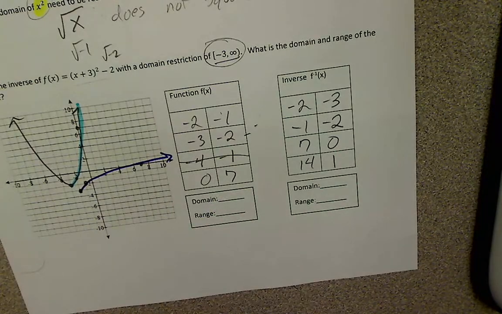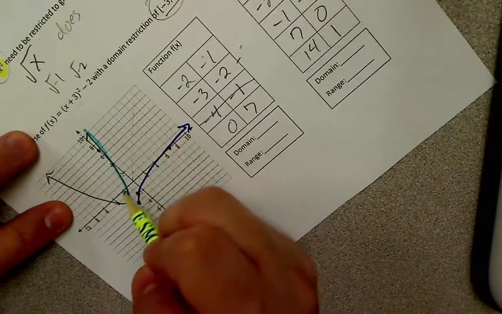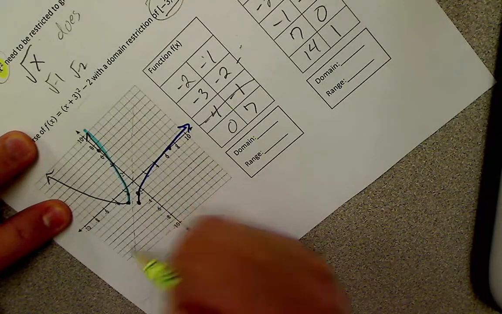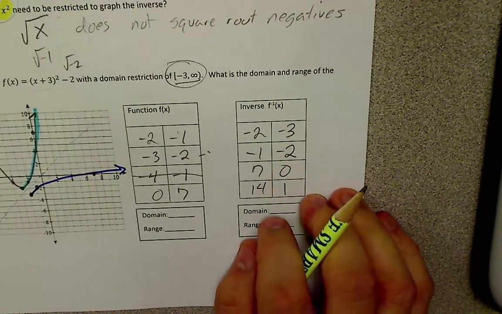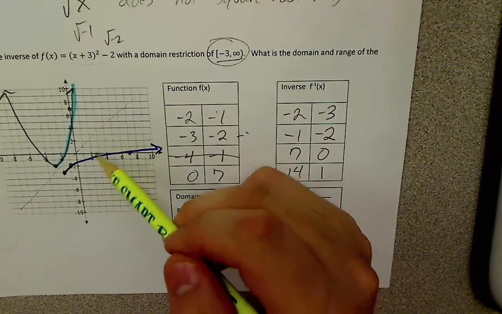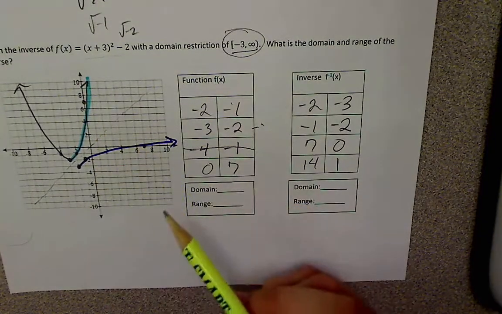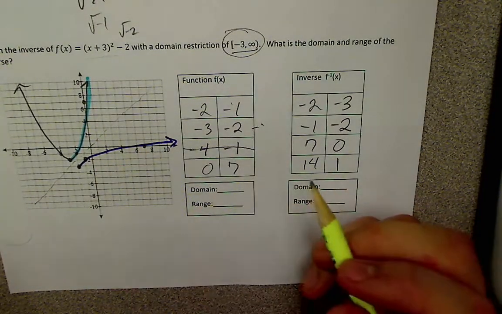Okay. And that would be the inverse part of that. And I apologize if that's a little confusing. I'm not trying to make it confusing. But that's what a domain restriction does and is. It takes only part of the graph for the domain and regraphs it for the inverse because, again, it's the square root of the graph.